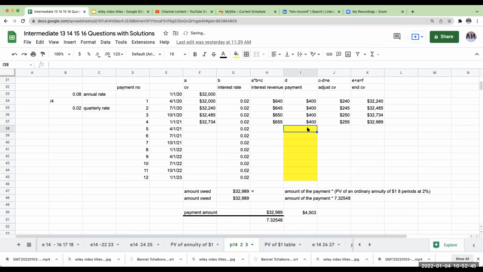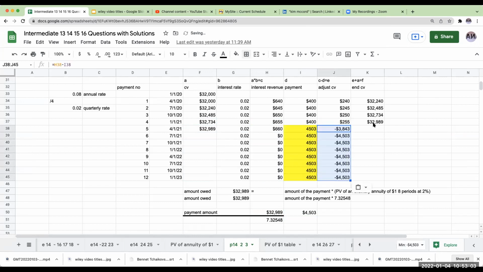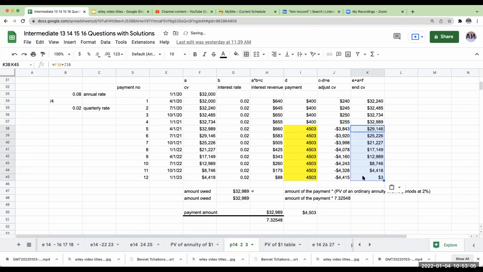So if I change my payment to be 4503, and if I leave this constant throughout, let's see what happens down here with our carrying value. Okay, so this works.